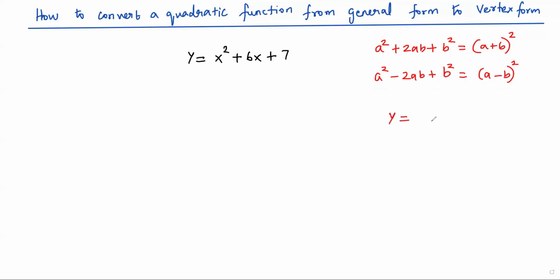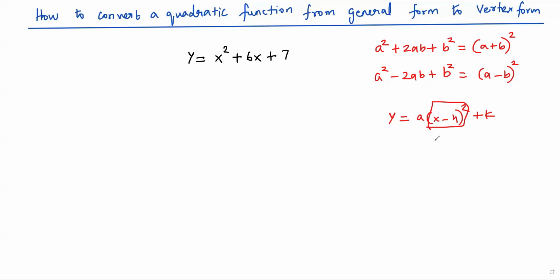The vertex form of a quadratic function is a(x − h)² + k. So this vertex form contains the square of a binomial, that is (x − h)². That's why I want to use one of these two identities to get the square of a binomial in this particular form.